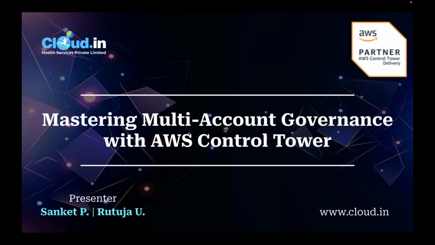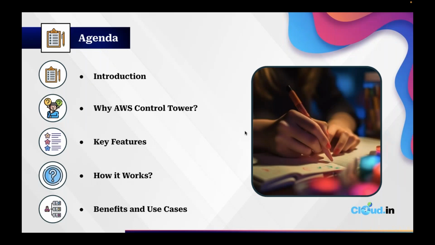So let's get started. First, we will look at the agenda for today. Our webinar will be covering the following key points. The introduction will set the stage for why multi-account governance is essential. Next, we'll look at why AWS Control Tower should be chosen for this specific workload. We'll explore the unique advantages that it offers.